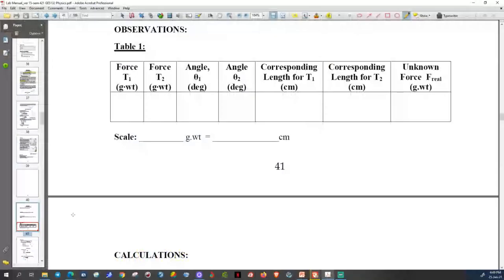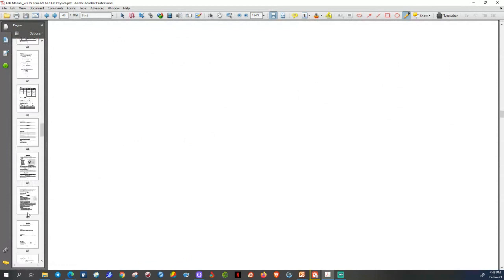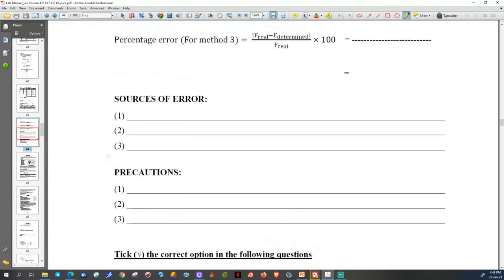So in the lab manual, you have to write it. Don't worry, at the end I will remind you. Which part of the lab manual do you write it in? Here: source of error and precaution. So let's type it now so that we will not forget it. What's the precaution? The string must go over the pulley.